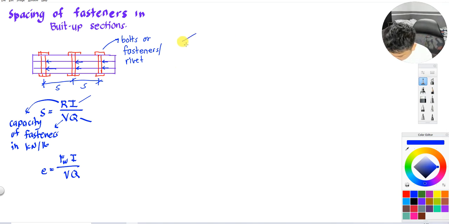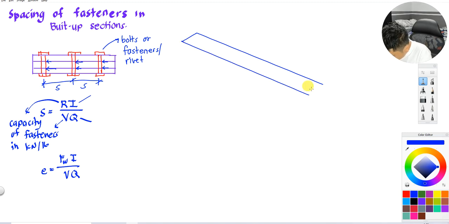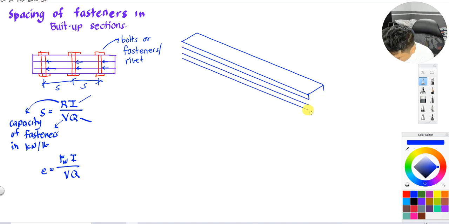For example, you have there the plank of wood. And then that is simply supported.